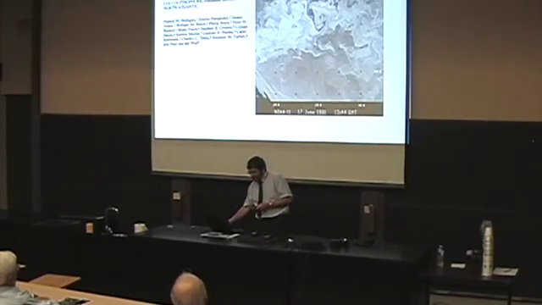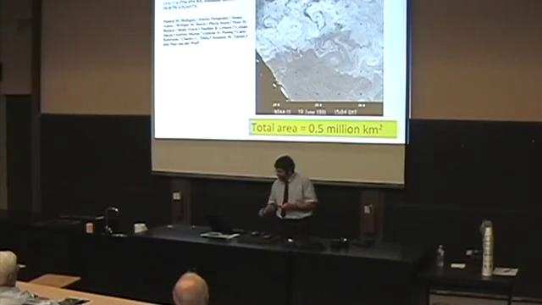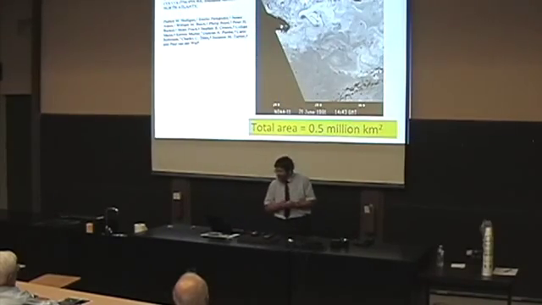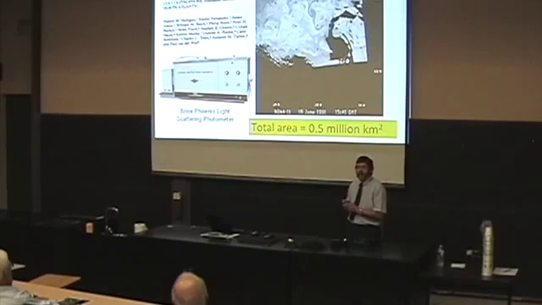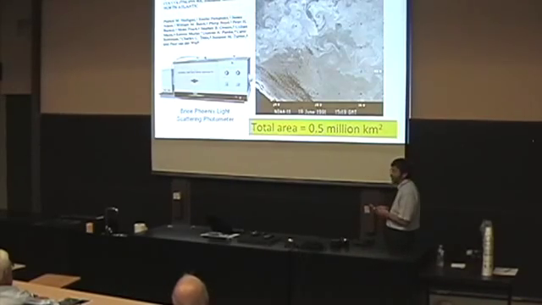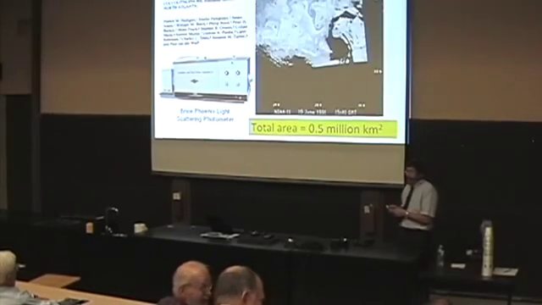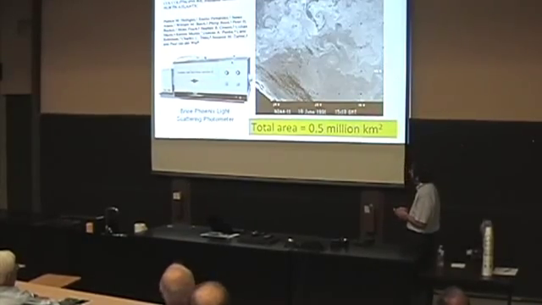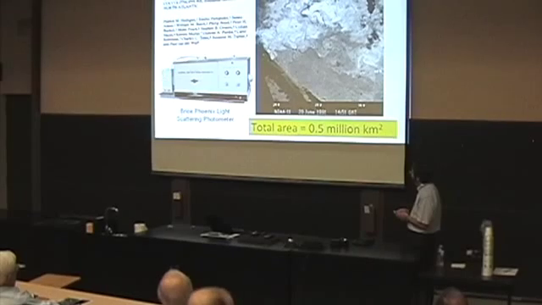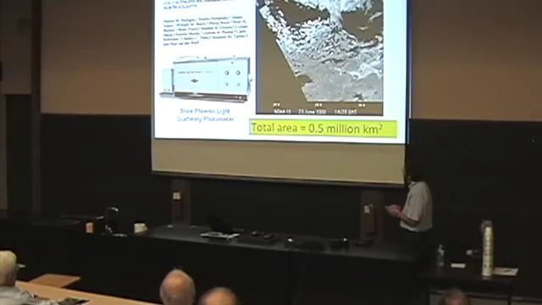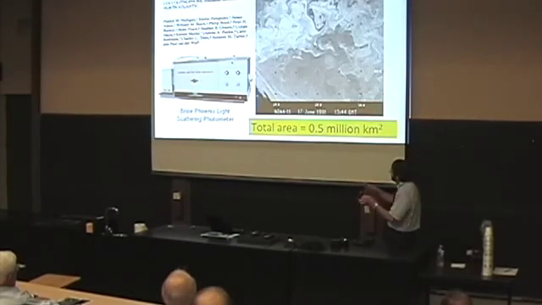Howard sent along with me a very advanced device at the time called the Rice Phoenix Light Scattering Photometer. This instrument had a mercury lamp, and you could vary the angles that it was looking at.